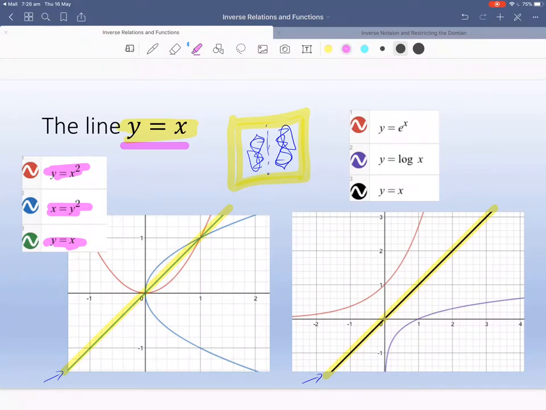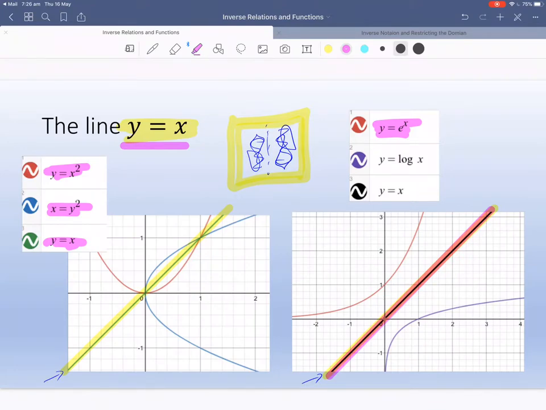Exponentials are really cool because they're inverse to the logs. Look at this. This is the normal exponential, and here's the log. You can clearly see if you folded along this line, it would give you the mirror image.